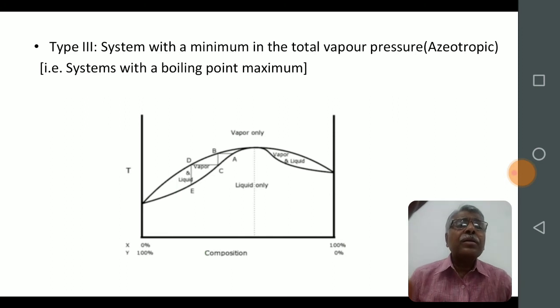Here also, if we heat the solution having composition A, it will boil at its corresponding boiling point.